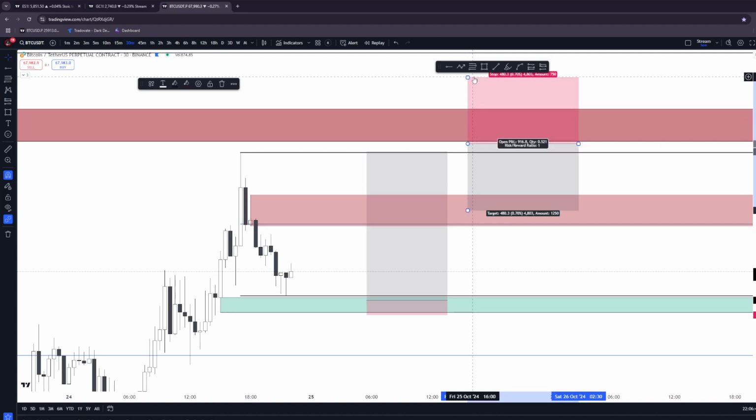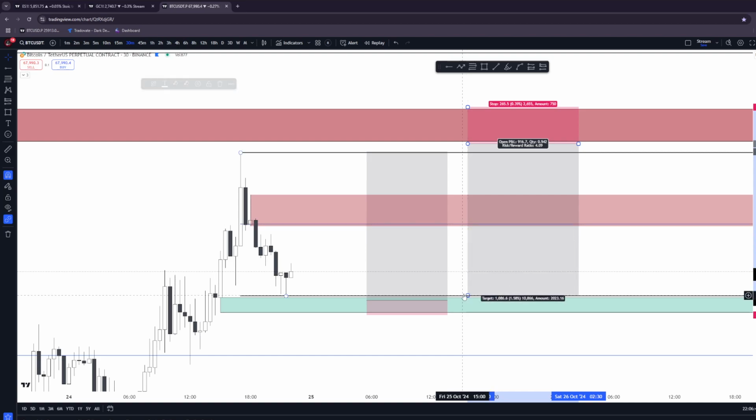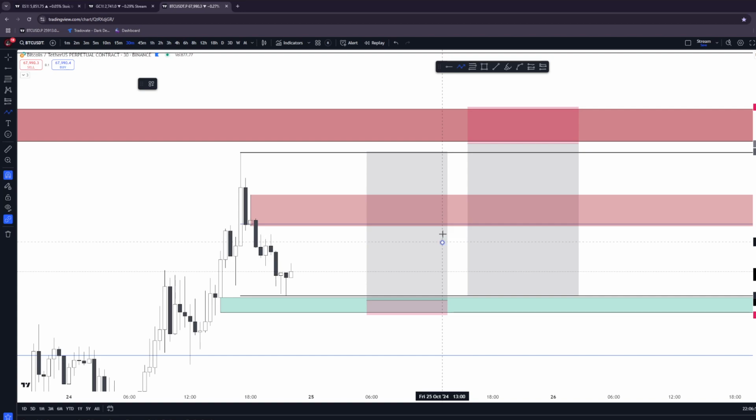This is another short that I'll be looking for. And then the same thing. It's the same trades over and over and over again that I'm just taking. And since I'm taking them over and over again, I know exactly what I'm looking for.